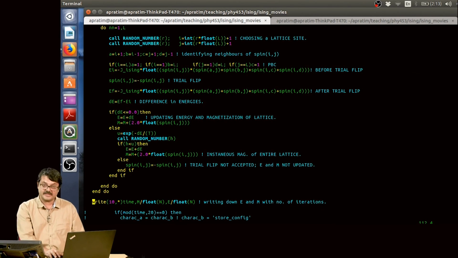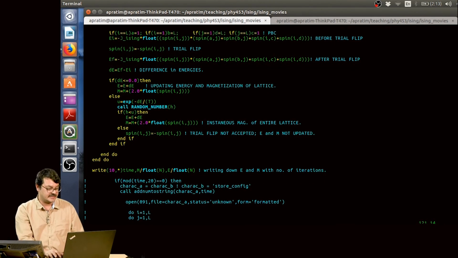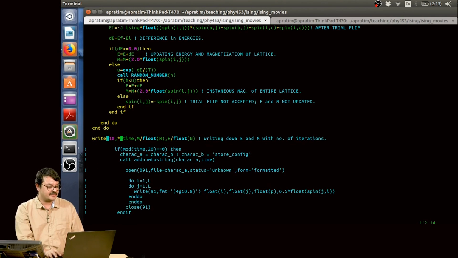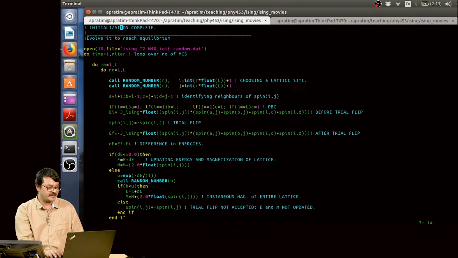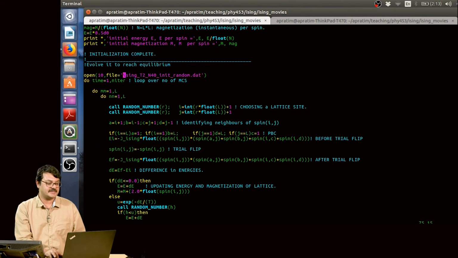And after one Monte Carlo step, that is n attempts, you write down the total magnetization, the instantaneous magnetization per spin, and the energy of the system per spin in a file essentially. So, this file is file number 10 and it had been opened right at the beginning here. So, Ising T2 and 40 init random. So, this says that the temperature is 2, the lattice size is 40, actually it should be L not N. So, it is a 40 cross 40 lattice with initial random condition.